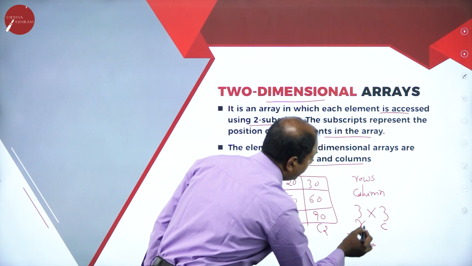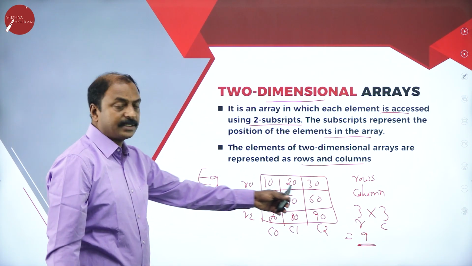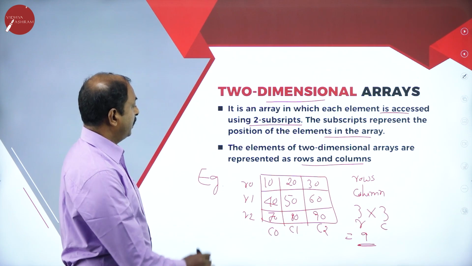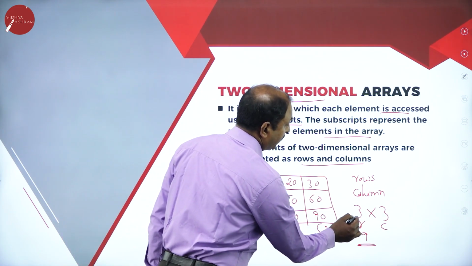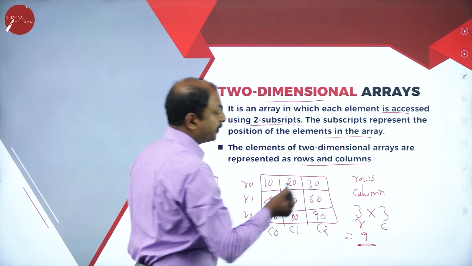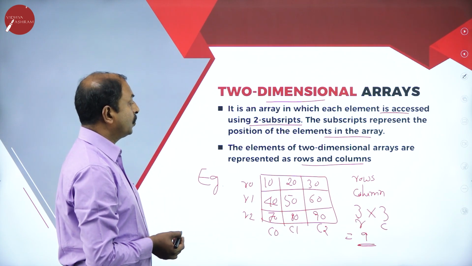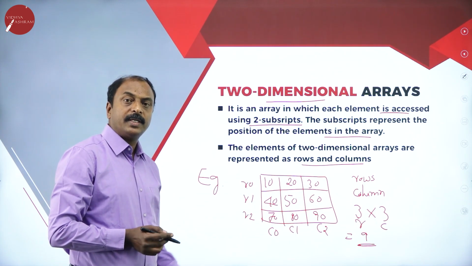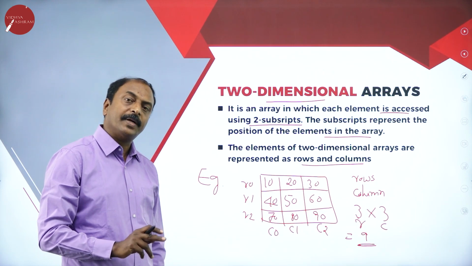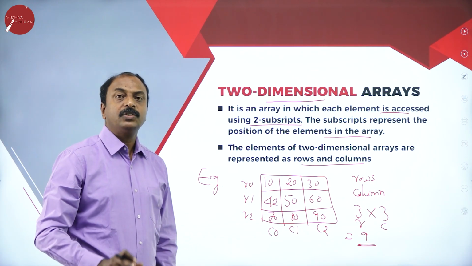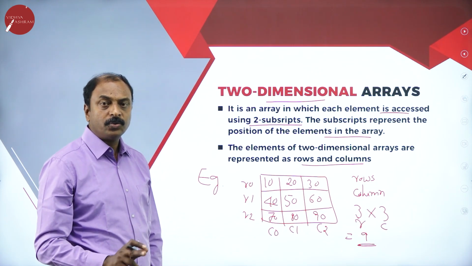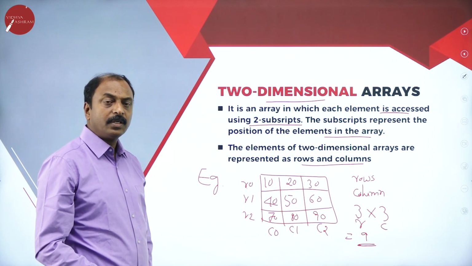So we can store 9 values in this example. We are using 2 subscripts, 1 separate for columns and 1 separate for rows. And always the first subscript stands for rows and the second subscript stands for columns.